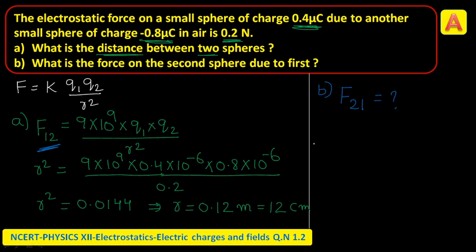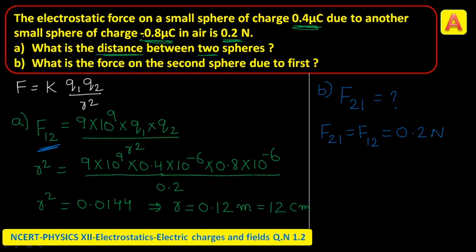Basically F12 is equal to F21. So F21 is equal to F12, which is equal to 0.2 newtons.